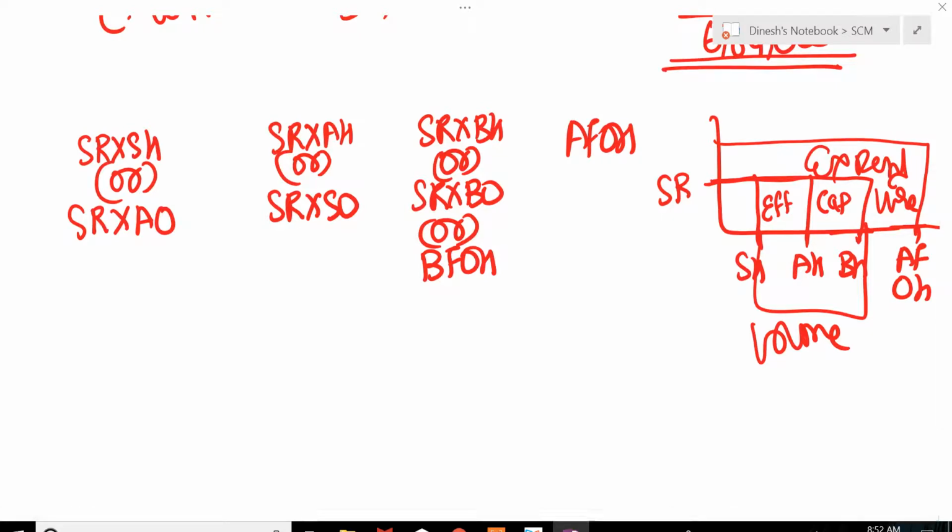Any problem on fixed overhead, you will start with SR per unit, SR per hour. Then only we will start solving the question. First thing is SR per unit and SR per hour. Calculate those two things, SR per unit and SR per hour.